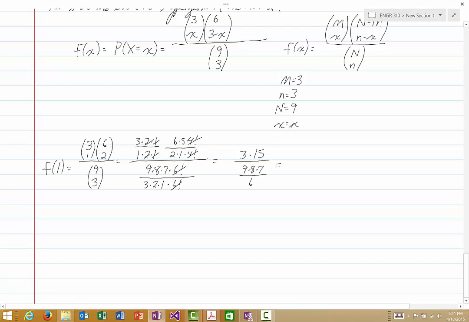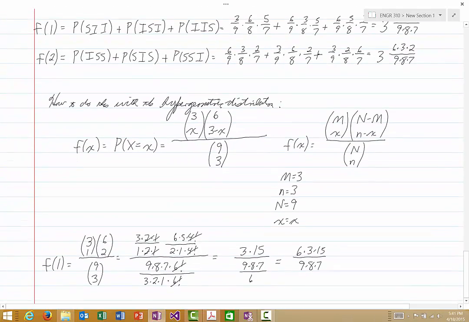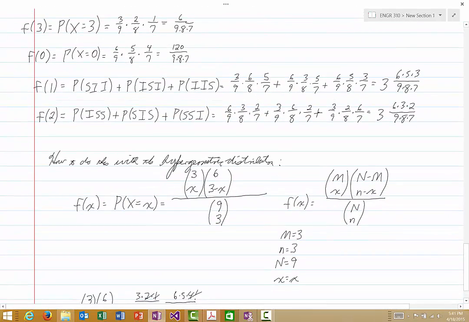And so I'm going to pull that 6 up to the top, and that'll give me 6 times 3 times 15 over 9 times 8 times 7. And before proceeding any further, let's compare this to what we had up above.